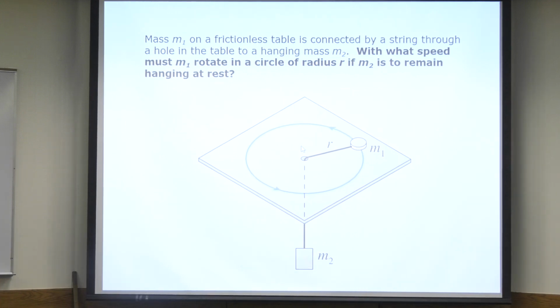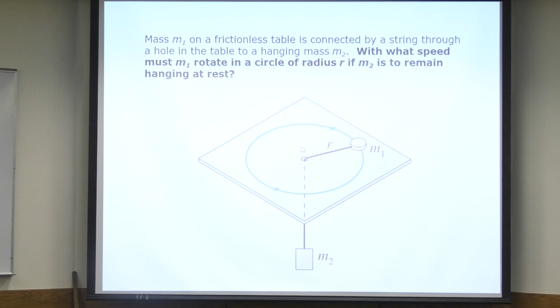All right, let's do it. So what are the objects? M1 and M2. Like always, we have two objects, so we're going to have two force diagrams. Let's do M2 first. I don't know why, but whatever.